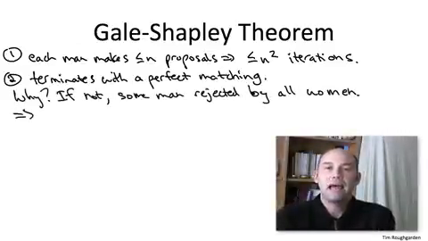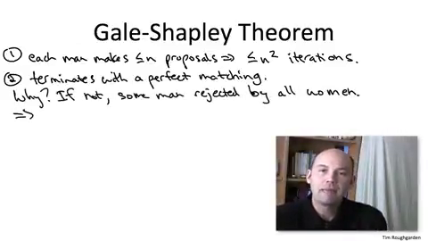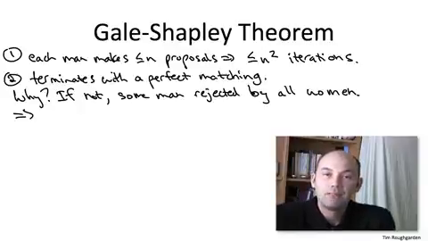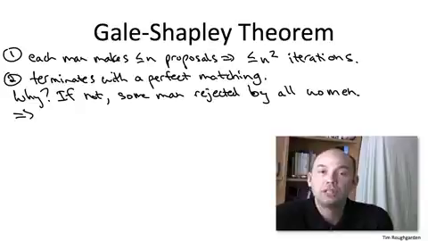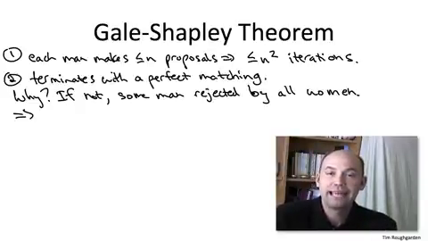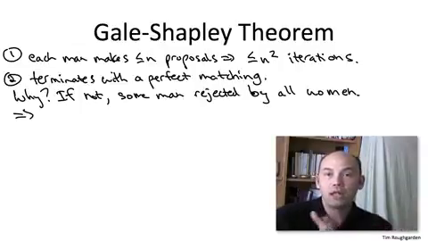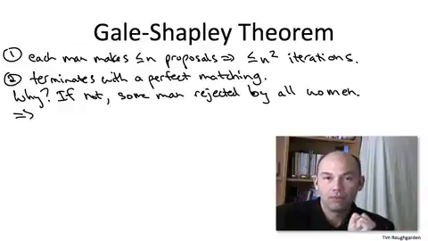So how could this have happened? Well, notice that for a man to be rejected by a woman, it must be that the woman has some other offer from some other man that she likes better. That is, rejections happen only by a woman who is engaged to somebody else. So by virtue of this man being rejected by all n women, all women got engaged at some point in the algorithm.